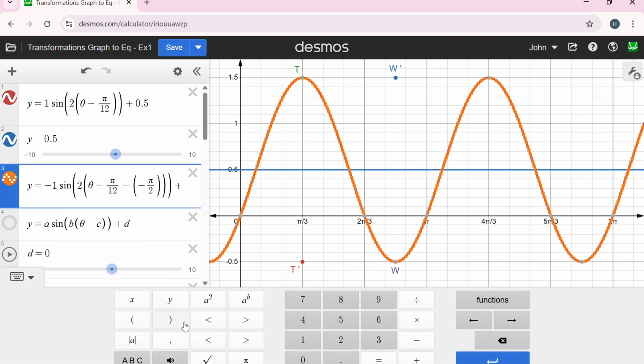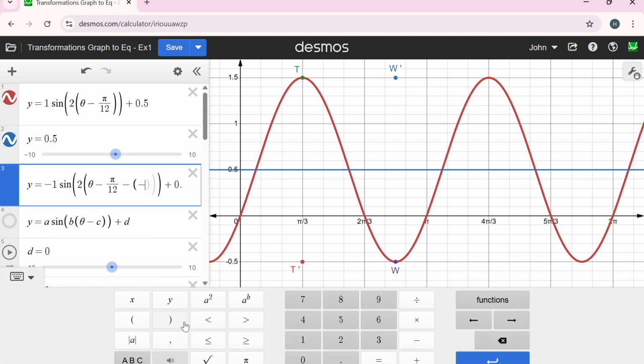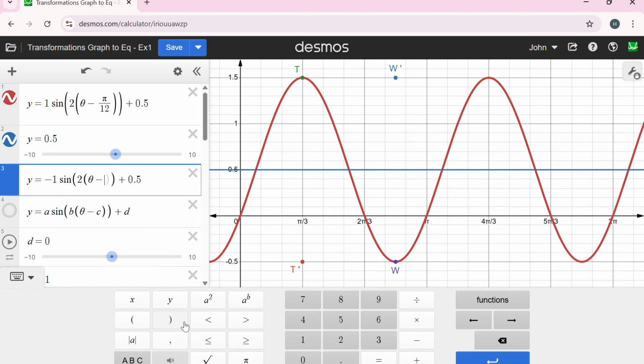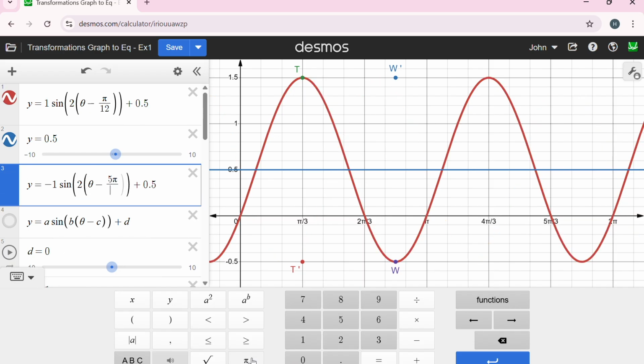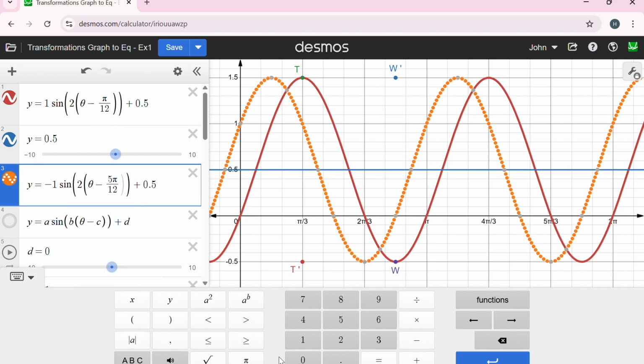The other way to think about it is, remember, let's erase all of this, right? We said the end result was what? 5 pi over 12. Okay, that's from our notes. So 5 pi divided by 12.